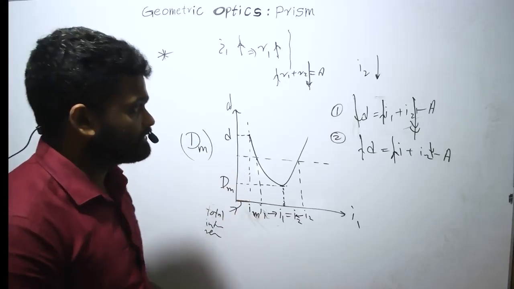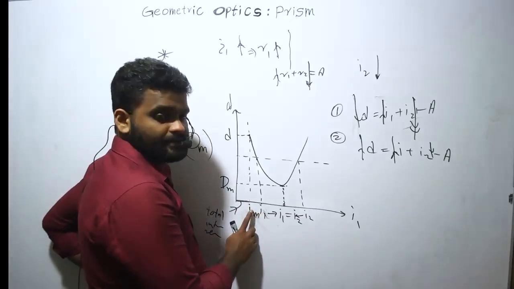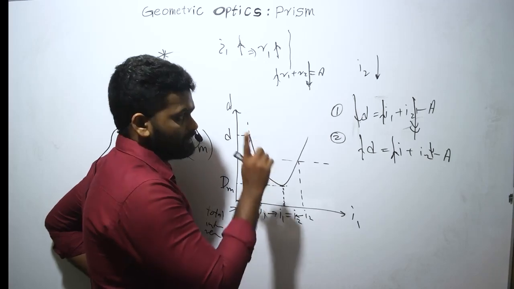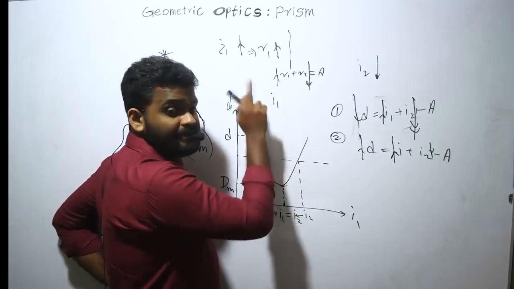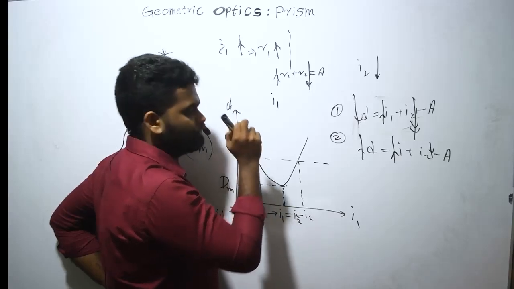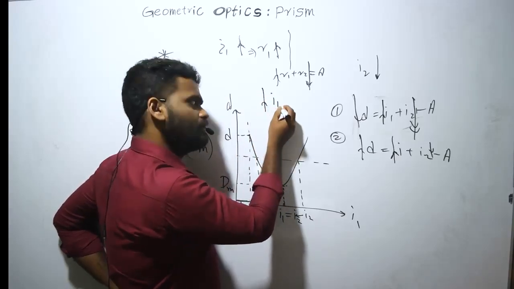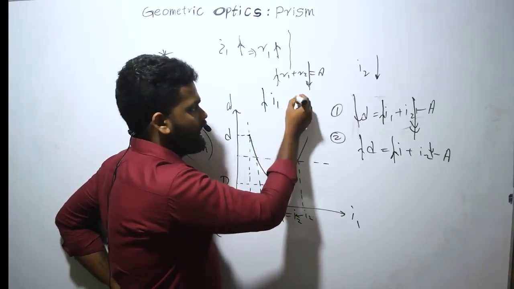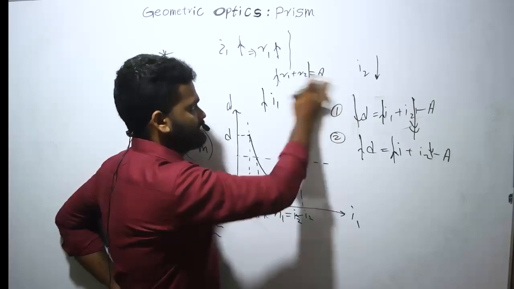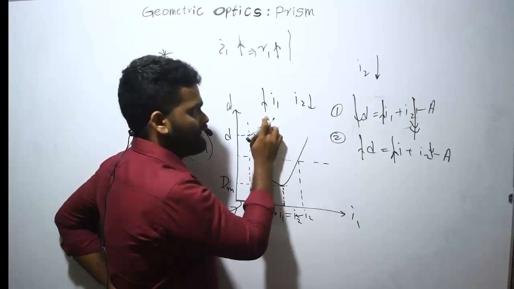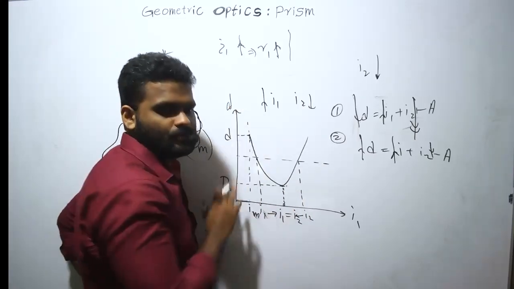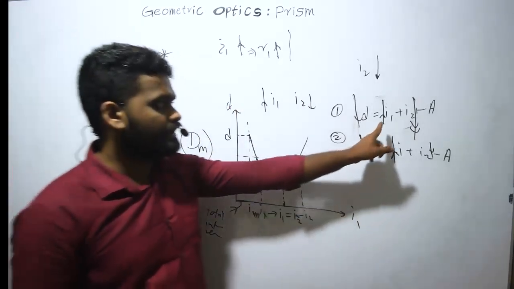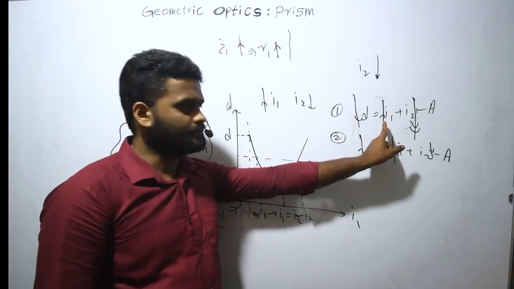So here what happens at the first phase: first thing we know is, from the previous graph, whenever I1 increases, I2 decreases. We learned that in the previous case, right? That happens always. Here, what's the difference?